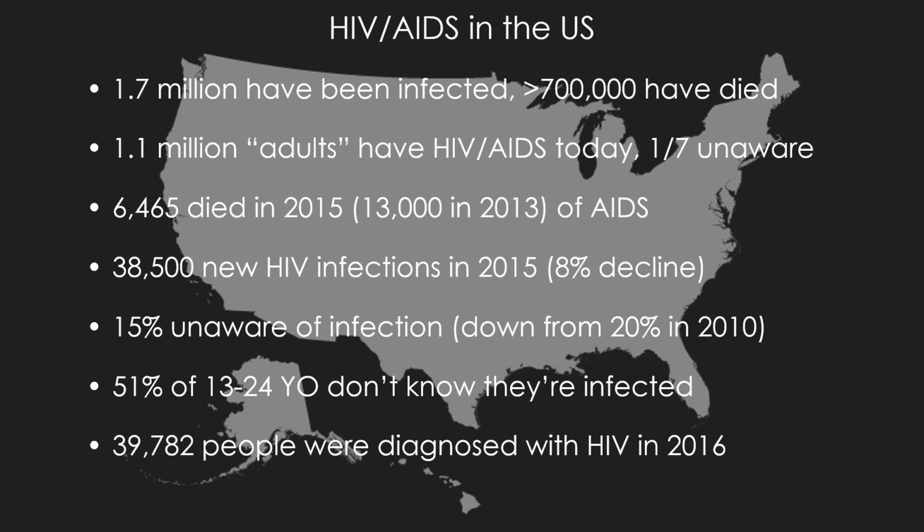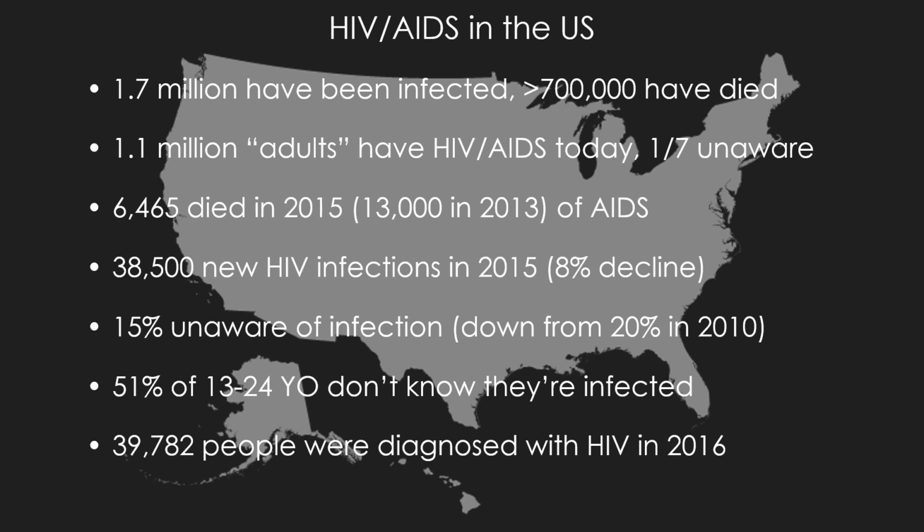About 6,500 people died in 2015 of AIDS as compared to 13,000 in 2013. There were about 38,000 new HIV infections in the United States in 2015, which is an 8% decline.